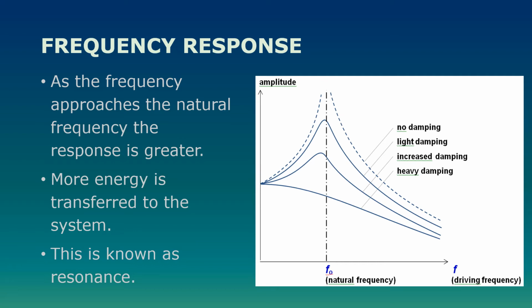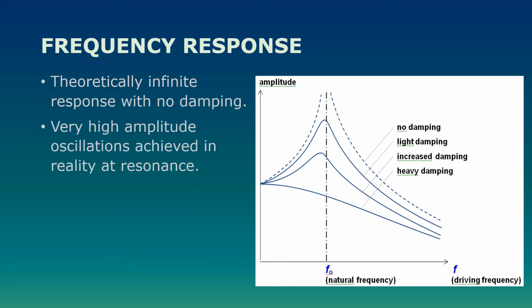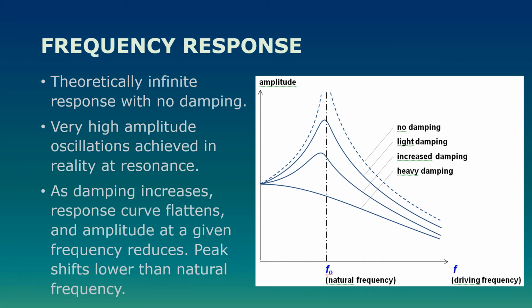So resonance, when it's driven at or close to its natural frequency, that's when you will get the maximum response. So, as I said, with no damping on the graph, that's the dotted line. That gives us technically an infinite response there, which has huge implications. So the lighter the damping, then the bigger the response. And also you'll see from that very high amplitudes can be achieved at resonance, but some damping will take energy out of the system. But as damping increases, that response curve gets flatter.